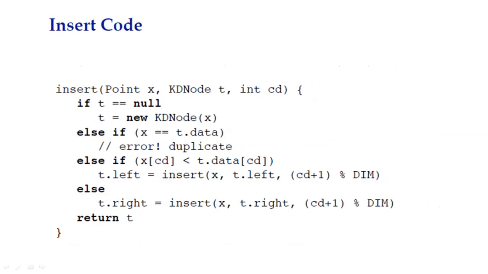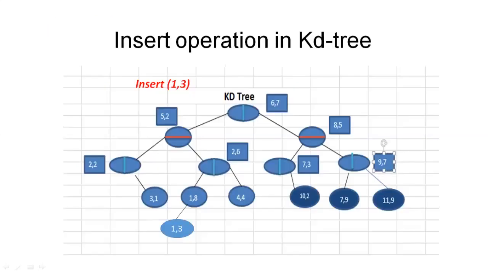The next possibility is, for example, let's consider this 1 3. Let's say we are comparing the x coordinate. So this value 1 is less than 6.